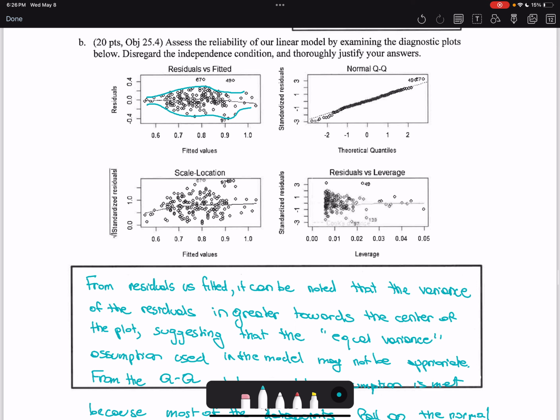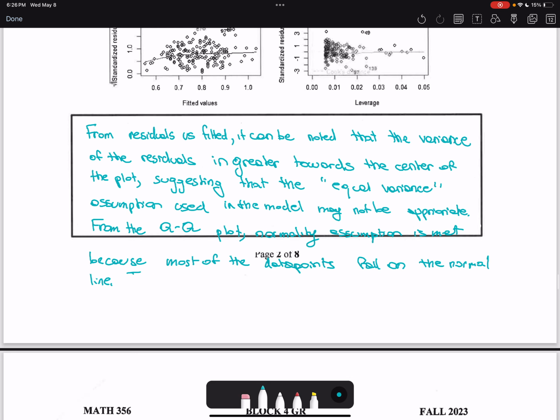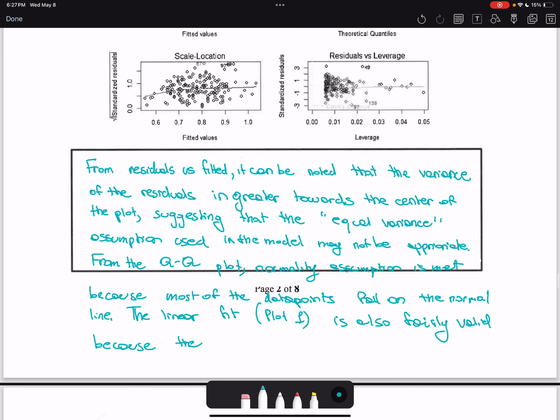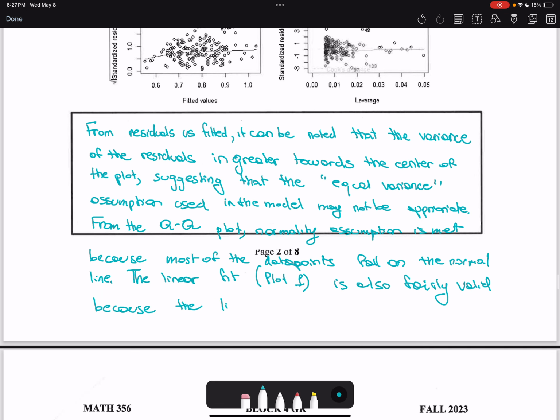Linear fit, the linear fit plot is also fairly valid because the line passing through the residuals through the graph is straight, roughly straight.